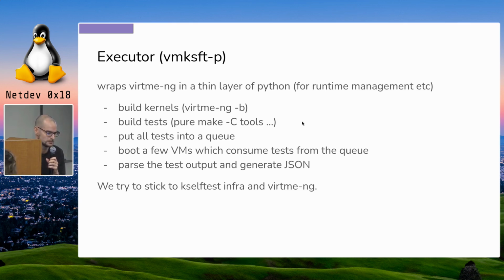We try to reuse as much stuff as possible, to not invent our own things. Obviously, we invented the entire UI and everything, so we're not that good at it. But we run virtme-ng, which I think Andrea from Canonical developed. It's a wrapper around QEMU in Python, and it can build the kernel for you and run the VM and mount your local file system inside the VM.